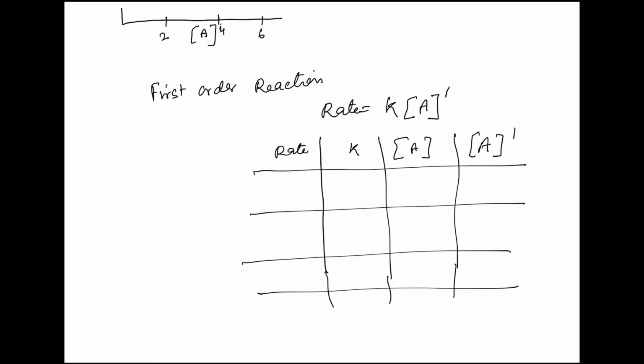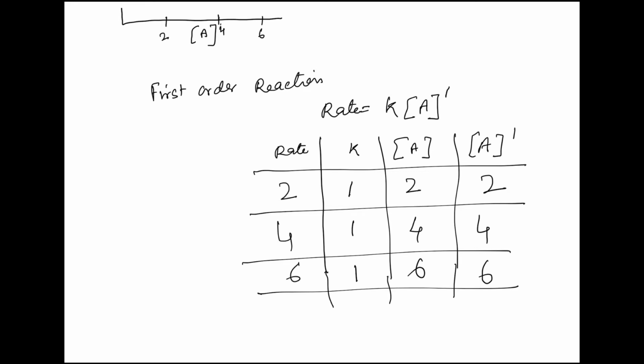For simplicity, we have taken K as equal to 1 and it is 2, 4, 6 again. What will be A1? 2 raised to the power 1, 2, and 4 raised to the power 1, 4, 6 raised to the power 1, 6. Then the rate will be K into A1: 1 into 2, 2, 1 into 4, 4, 1 into 6, 6.